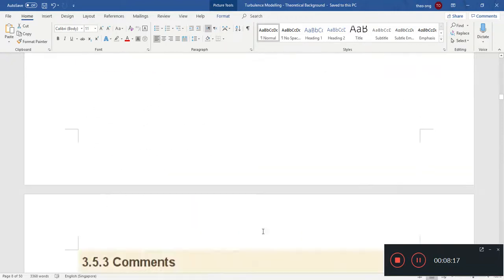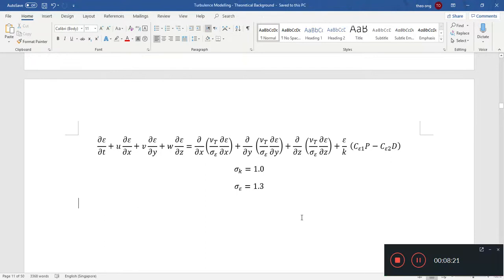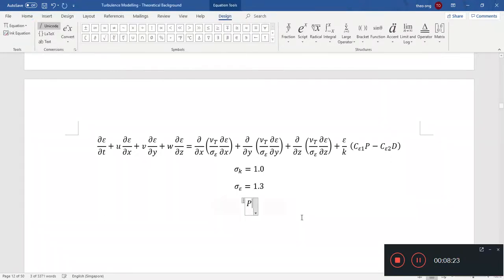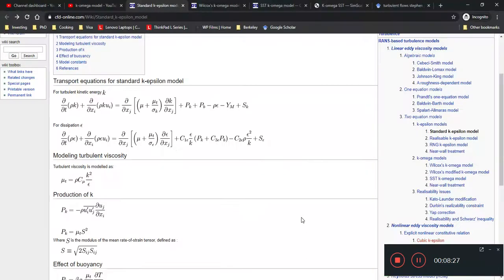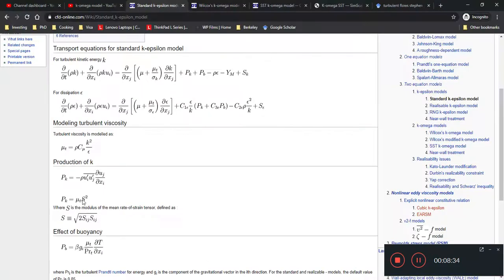That's just a recap. I will put this here. P equals to... so what's P? If we take a look here, P is referring to this P_k thing over here, which is actually mu_t times S squared, where S squared equals 2 times this rate of strain tensor.